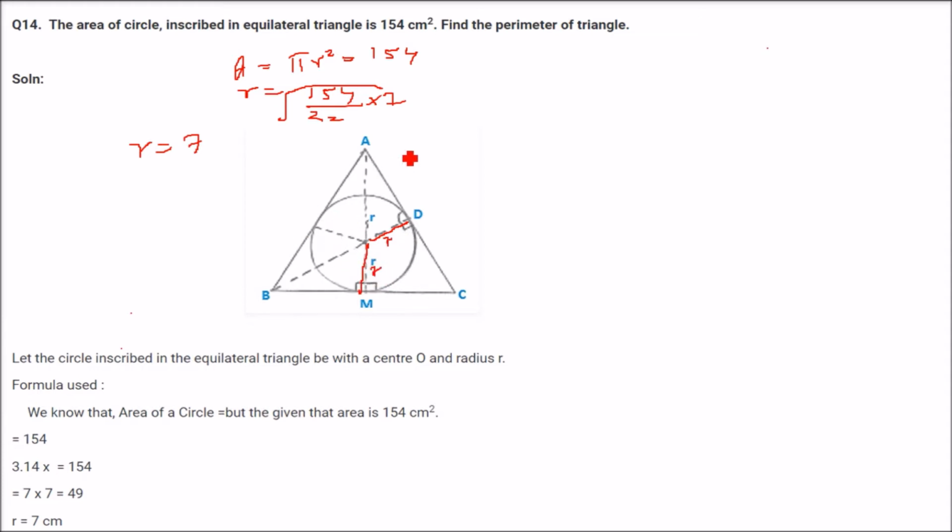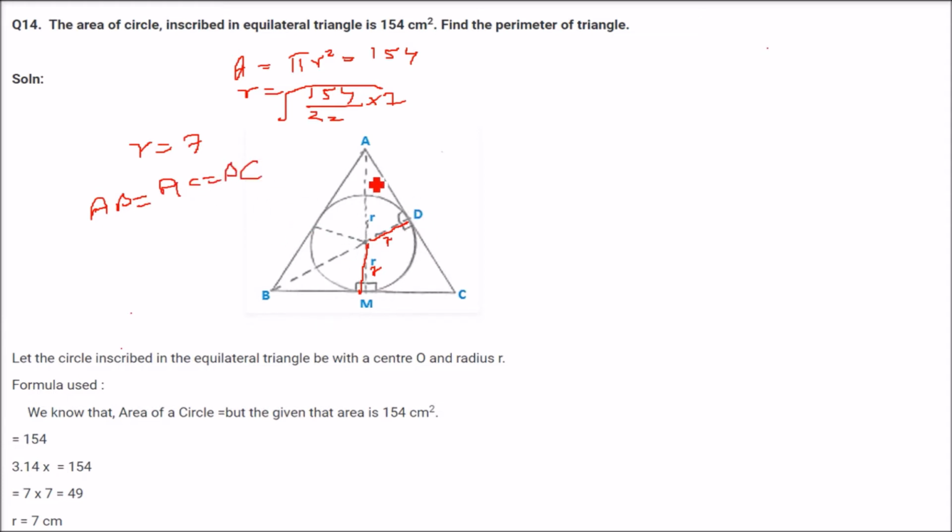This is the radius. Now for the perimeter of the triangle, we have to find the side. How to find this side? Because in an equilateral triangle, all the sides are equal, that is, in this case, AB is equal to AC is equal to BC.